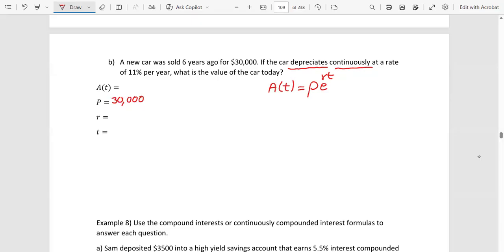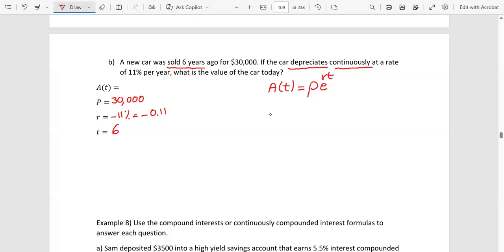So we have to keep the R negative. The rate is 11% per year, which is negative 11%, or negative 0.11 in decimal. And we want to find the value of the car today after 6 years.